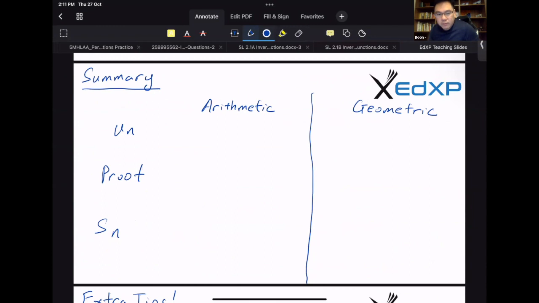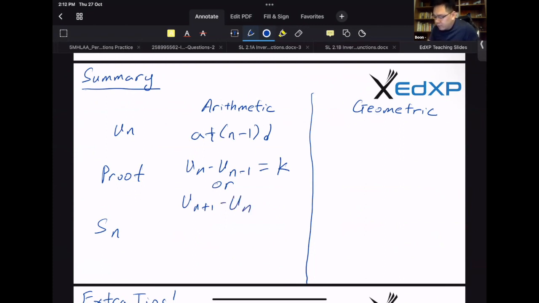The first one is the general term for an arithmetic progression, given by a plus n minus 1 d. For the proof, we must prove that every term, subtract the term before it, gives me a constant. You can also use the other formula. I prefer the second formula because I don't have to deal with negative signs. Either one works. And the sum for an arithmetic sequence is n over 2 times 2a plus n minus 1 d.